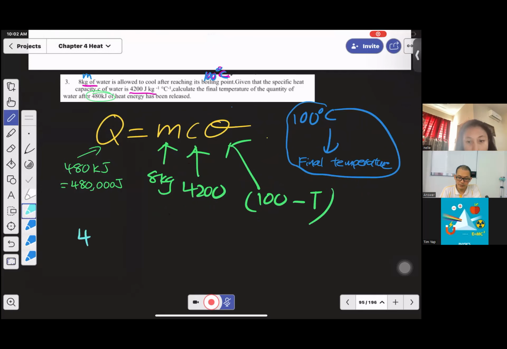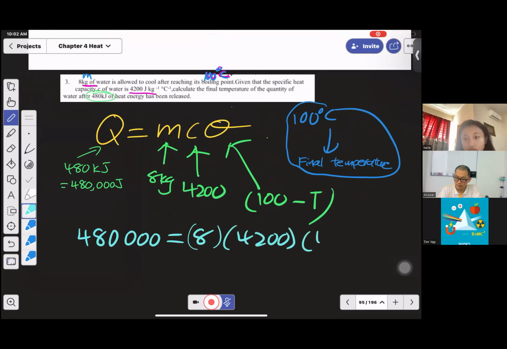So this is 4,800. Like this. Now you need to find the T. Okay, try now. How to find the T? Try to solve it. Remember the change in temperature, always use a bigger temperature minus a smaller one.